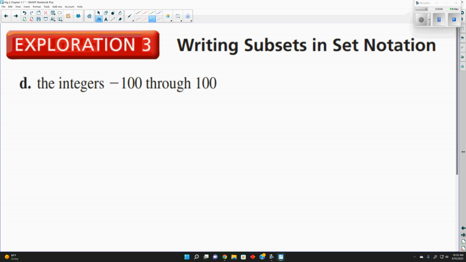The integers, negative 100 through 100. Could we actually physically write this? I mean, yes. Would it take forever? Yes. So we can use set builder. And I think this actually answers the question you just asked.